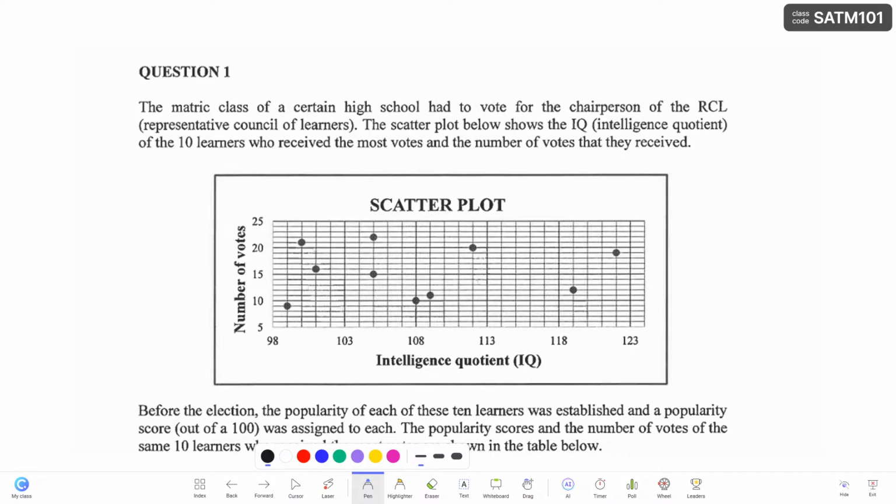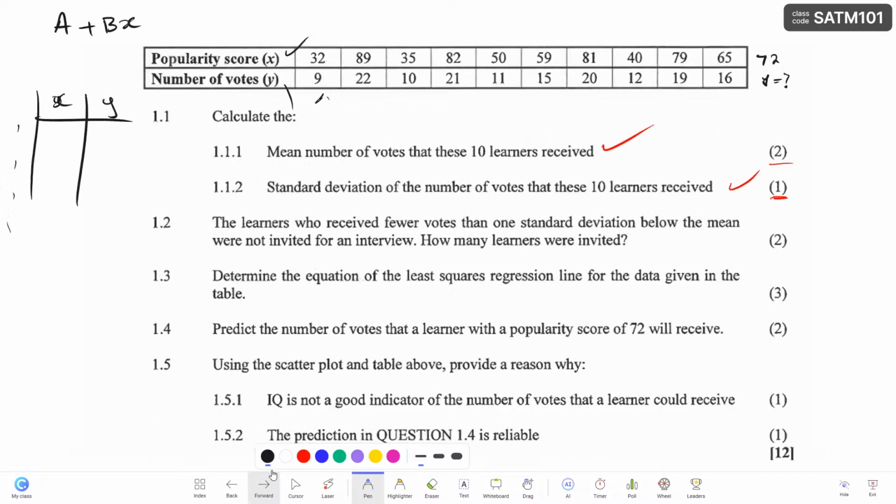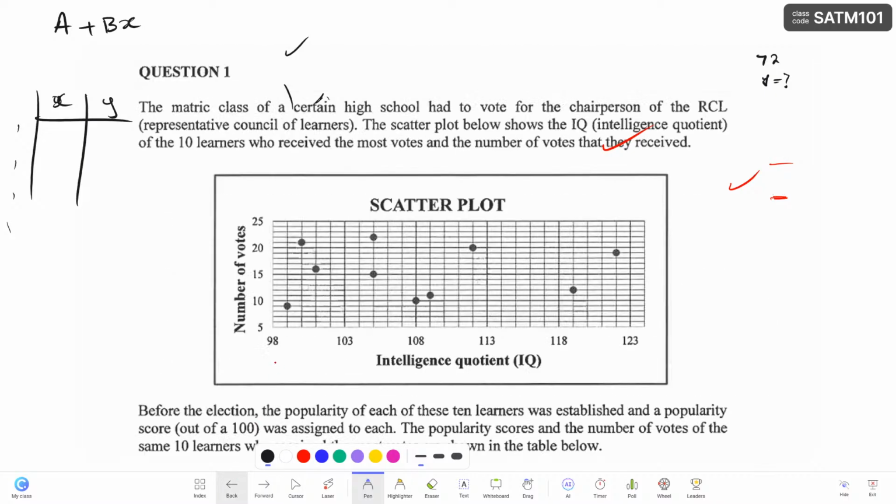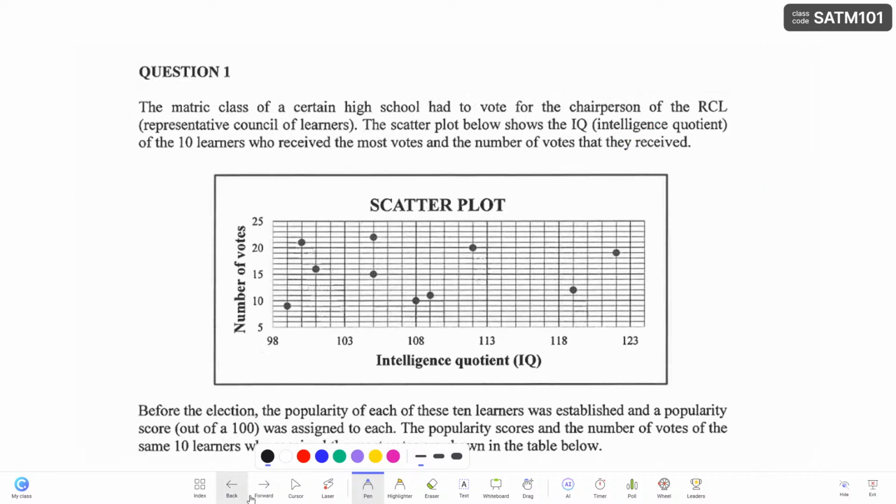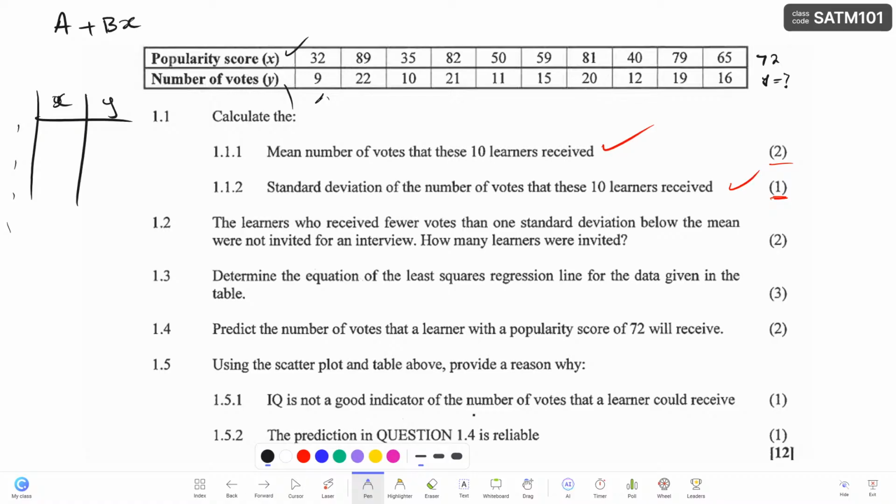So what you can say here as your reason why IQ is not a good indicator of the number of votes that a learner could receive is: because the data is scattered around the table, that gives us a bad indicator.